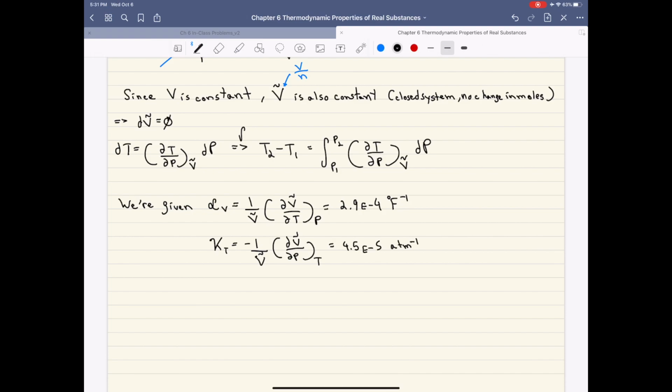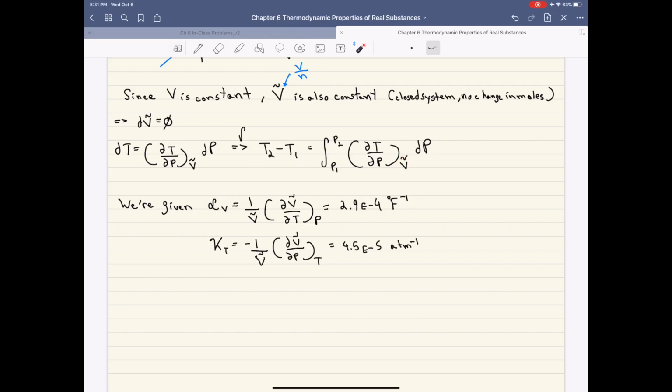So both of these are partial derivatives of volume with respect to either temperature or pressure. But in the equation that we're trying to solve, we have a partial derivative of temperature with respect to pressure at constant volume.